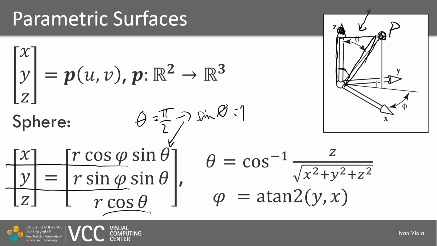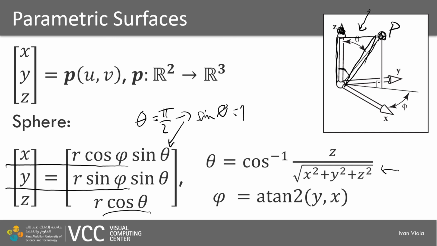But if we are not sure whether this point lies indeed on the sphere, or whether the radius is smaller or bigger, then in general the radius can be computed by squaring each coordinate of that point and taking the square root of the sum. So this way we will find out the cosine of the theta, and then applying the arc cosine, we can obtain the theta value.